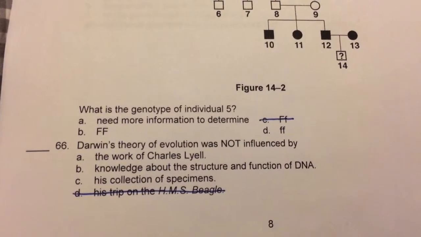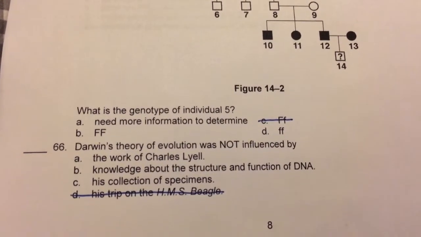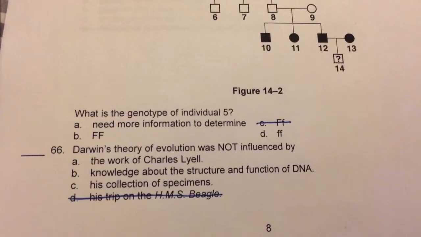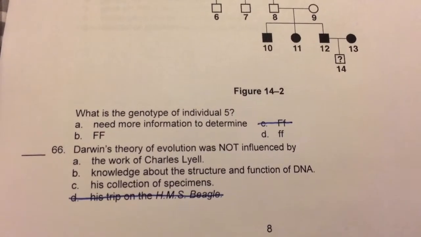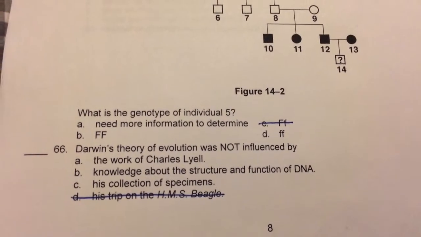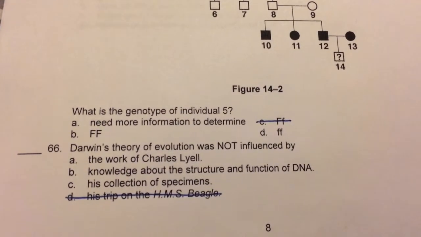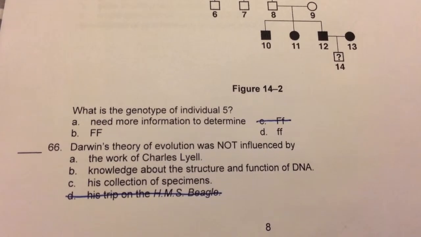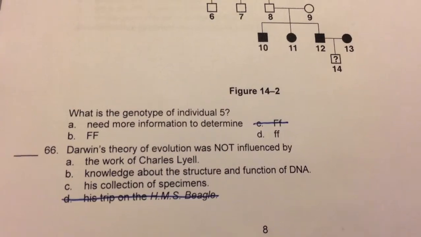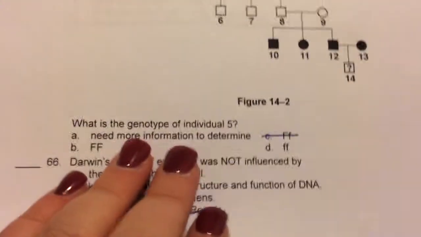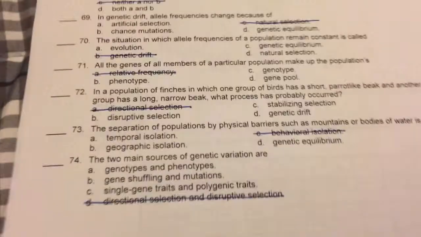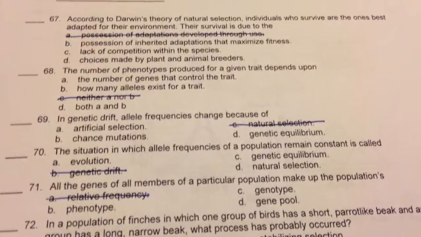Number 66, Darwin's theory of evolution was not influenced by the work of Charles Lyell, knowledge about the structure and function of DNA, or his collection of specimens. Number 67.